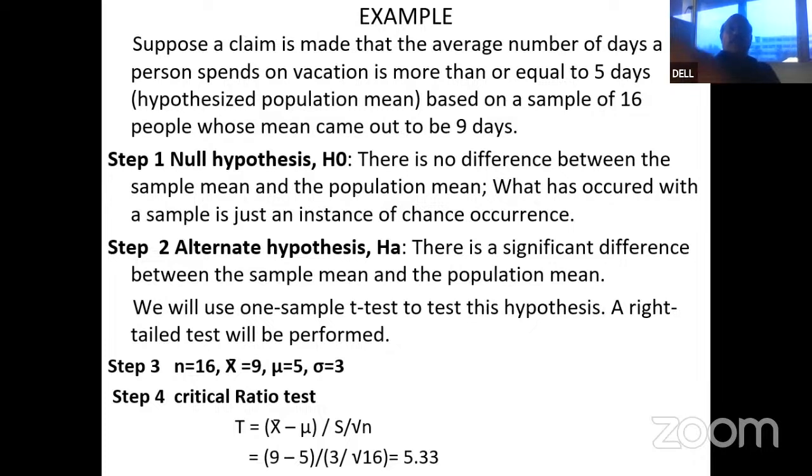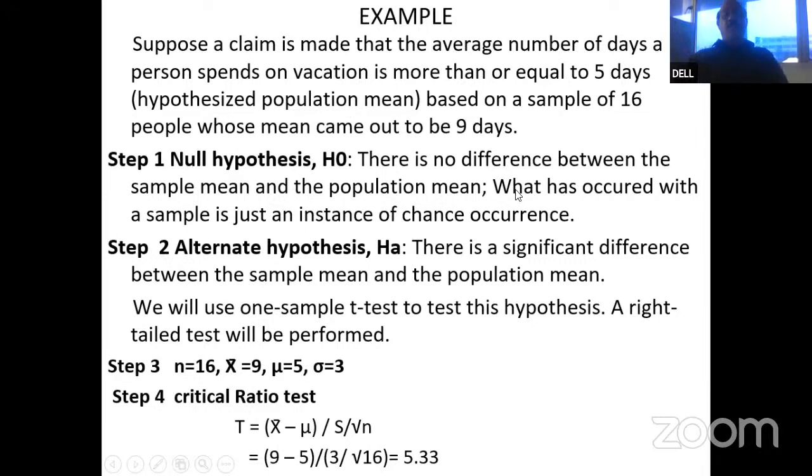It is defined based on a sample of 16 people whose mean comes out to be 9 days. So in general, the statement is that the average number of days a person spends on vacation is more than or equal to 5. Whether it is true or not, we have to test.